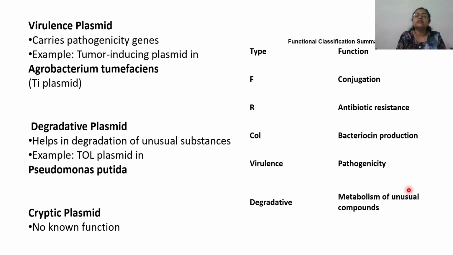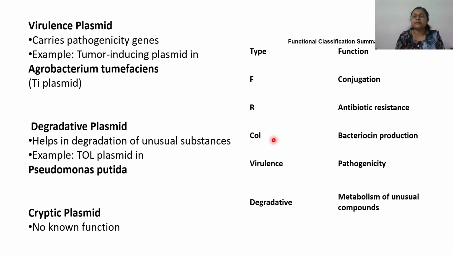Here you can see different types of plasmids and their functions. Shortly, we can say that F type plasmids carry out conjugation. R type plasmids possess antibiotic resistance genes, and the organisms which possess R plasmids show resistance towards particular antibiotics. Col plasmids are there.